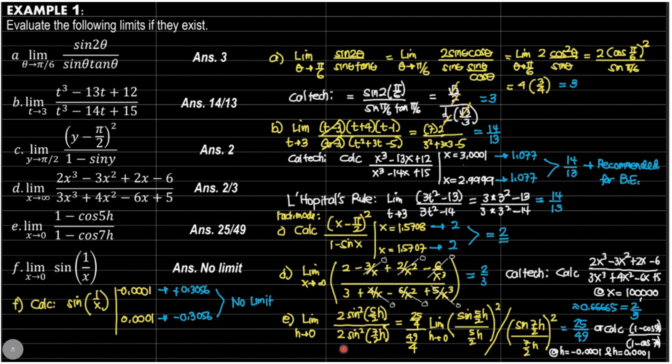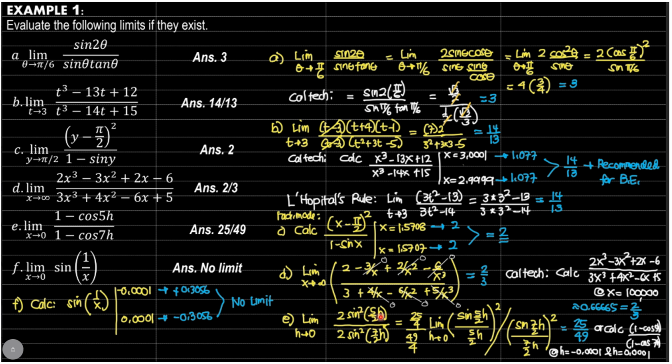So we cancel 2 first. 5 halves squared is 25 over 4, and the denominator 7 halves squared is 49 over 4.